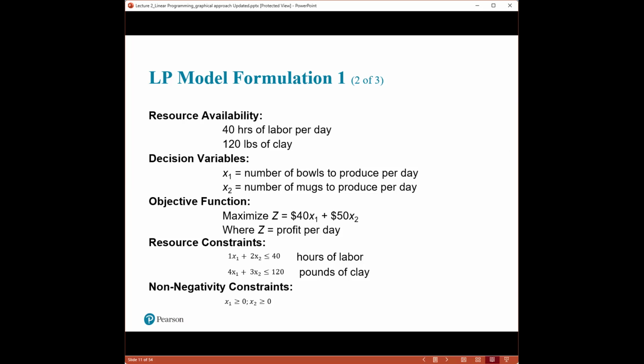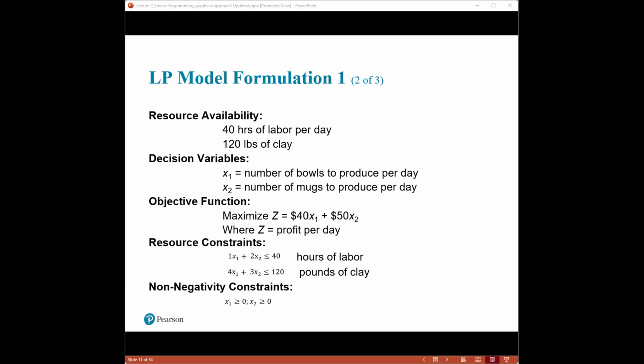So there is a last constraint. The last constraint is that we cannot produce negative products. We can't produce negative bowls. We can't produce negative mugs. At least we can produce 0, but not negative.